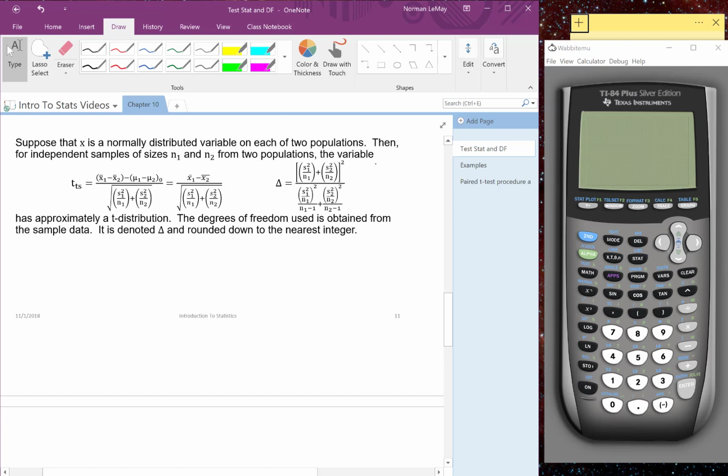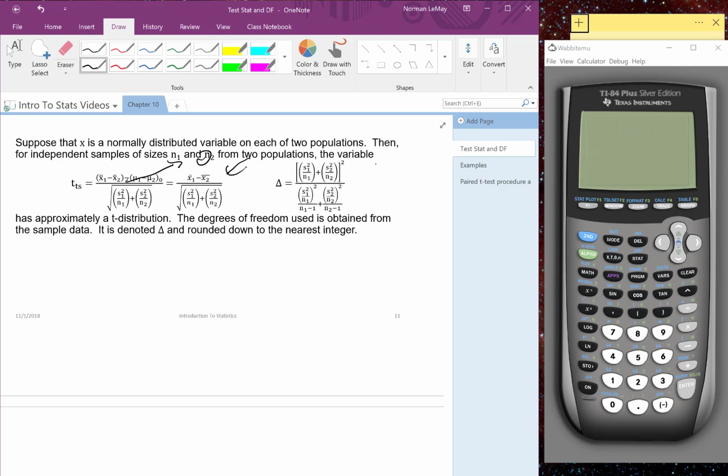So we have x bar 1 minus x bar 2 minus mu1 minus mu2 under the null, and now we make our substitution, s1 squared over n1 plus s2 squared over n2. Again, under the null hypothesis this term goes to 0. So our test statistic reduces down to the difference of the x bars divided by the square root of s1 squared over n1 plus s2 squared over n2.